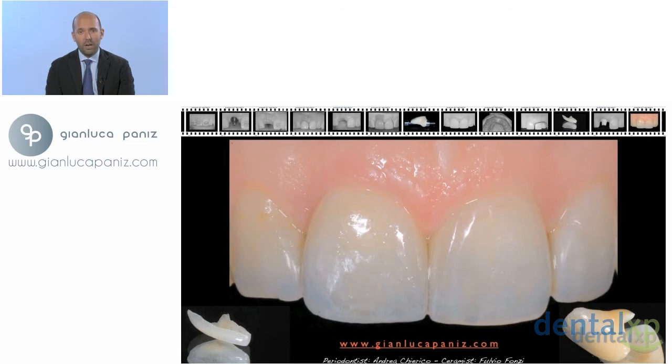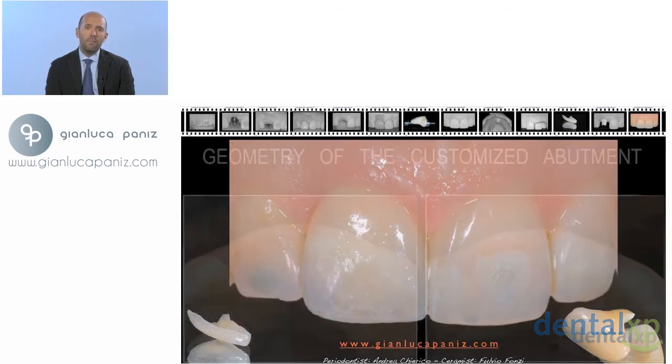Feldspathic porcelain, in fact, is extremely translucent and can take the shade from the underlying tooth structure. And this is the final aesthetic result that definitely gives this particular patient a good outcome in terms of natural result, with a nice symmetry between the two central incisors.